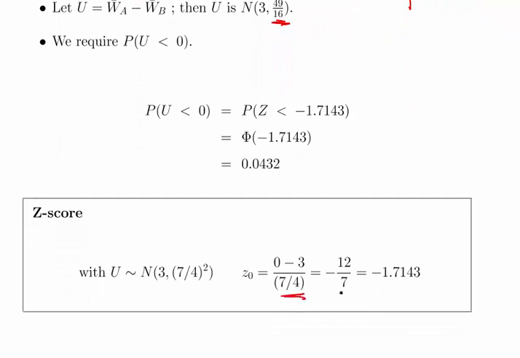So the z-score would work out to be 0 minus 3 divided by 7 over 4, which is minus 12 over 7. Just using a bit of mathematical rearrangement, the z-score should work out to be minus 1.7143. Get the phi function of that, and we should get an answer of 0.0432. All right, we'll leave it there.